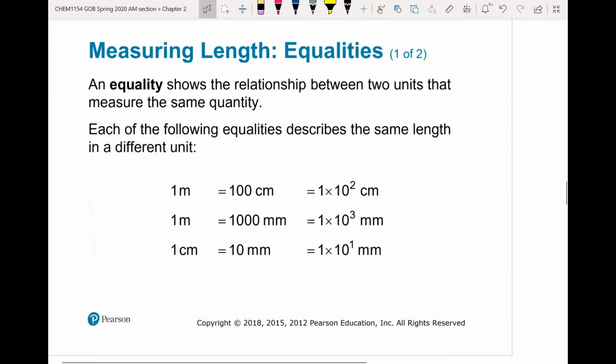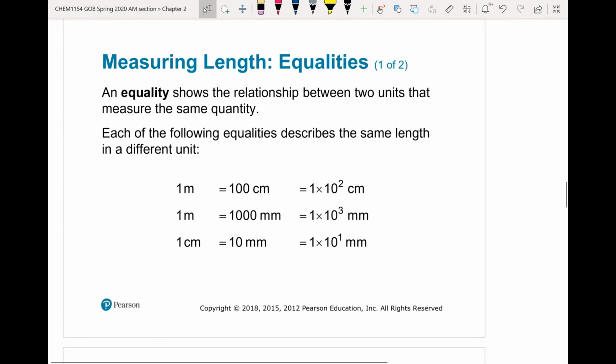All right, so now that we've talked about the metric system and the prefixes, we're now going to take a look at how we can use that information to help us do calculations. And one of the most important things that those metric prefixes are going to give us are these relationships known as equalities, right? An equality is just something that is equal to something else.